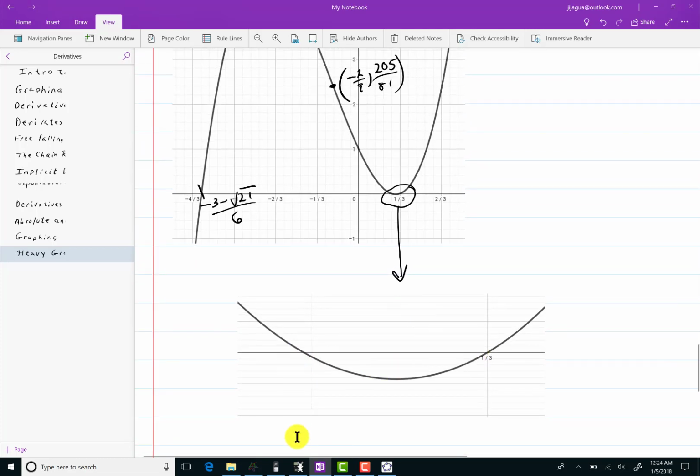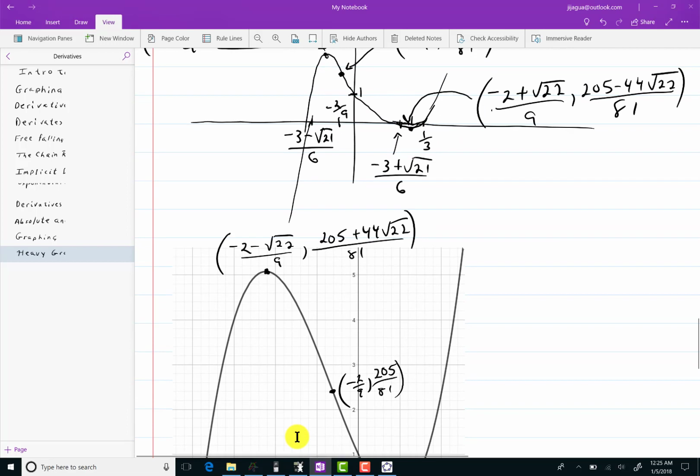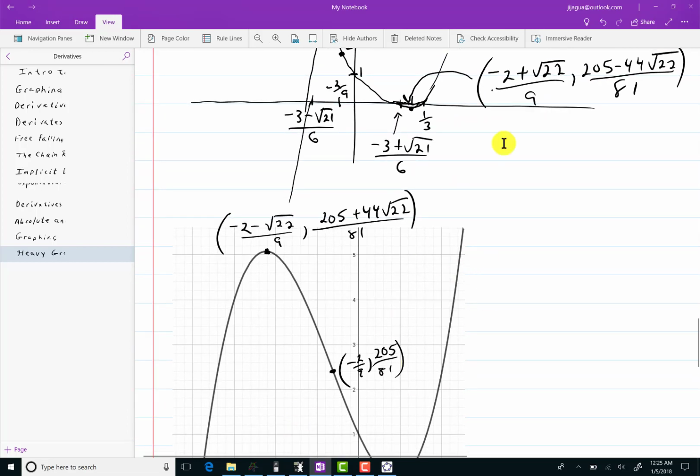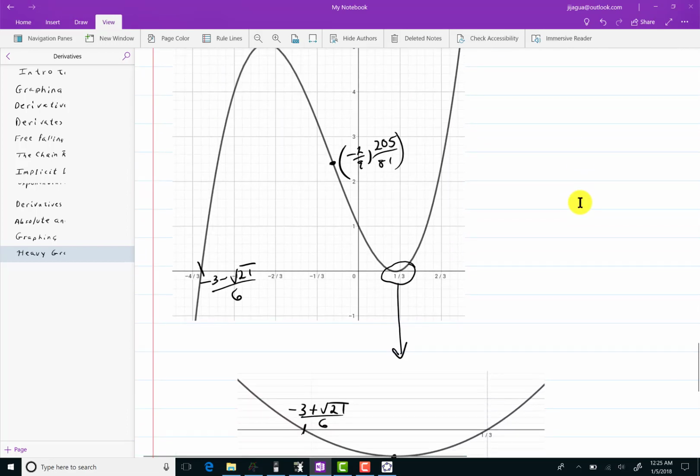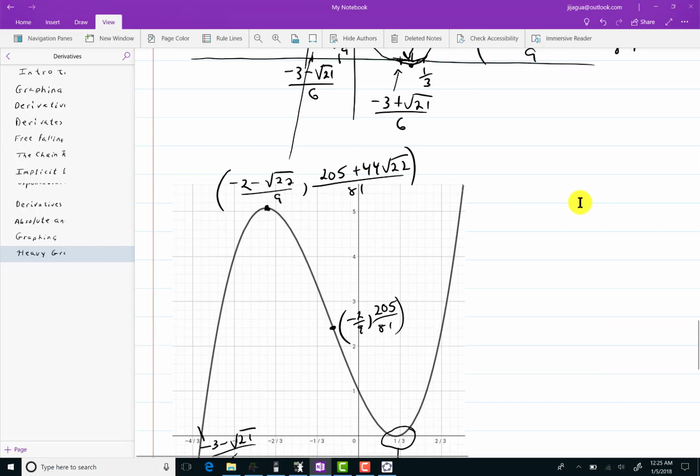This here would be -3 plus the square root of 21/6. And then this local minimum here was, it's up here, -2 plus radical 22/9, and I believe that was, I don't even want to go 205 minus 44.